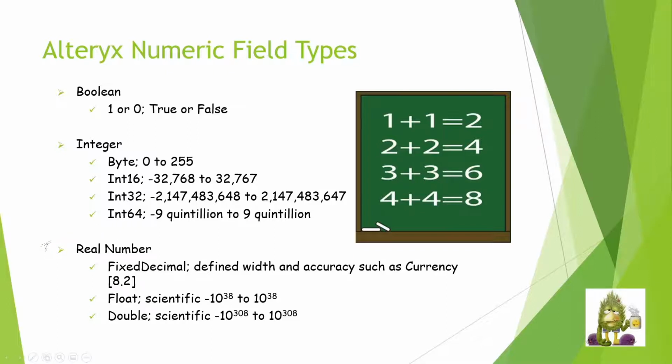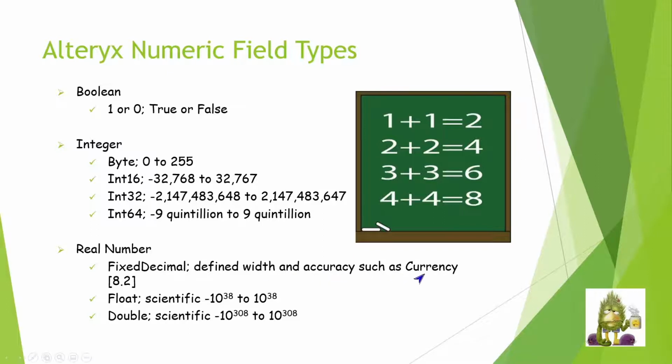Real numbers, or numbers with decimal places, can be identified as fixed decimal. This is where you have a specific number of decimal places and a specific size of the number that you can store that you get to choose.